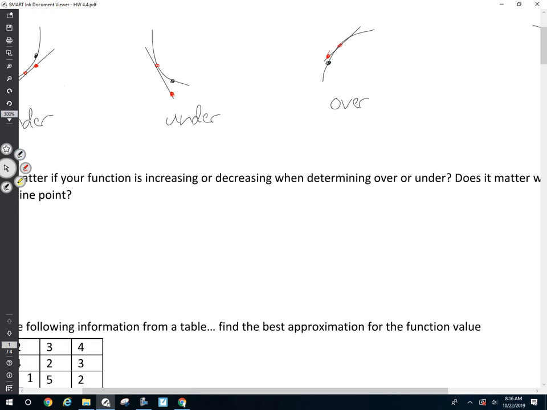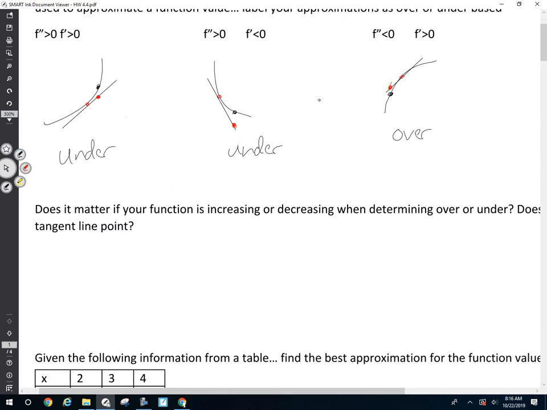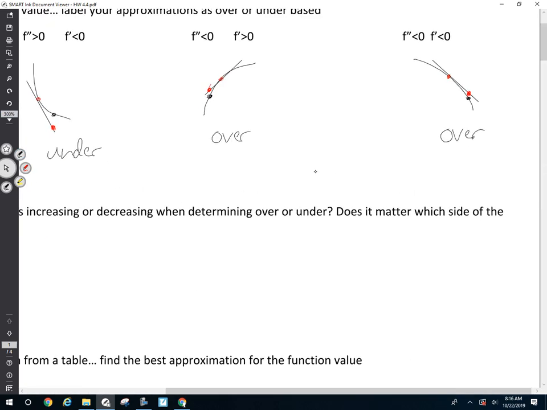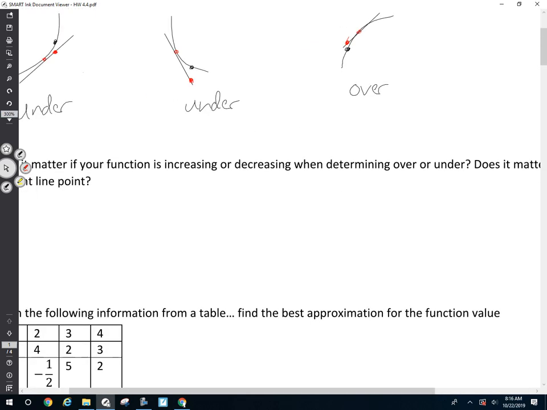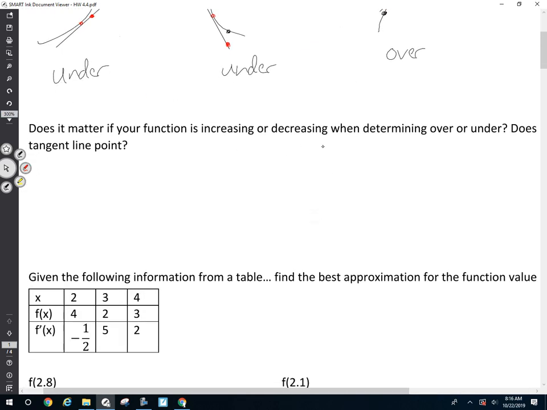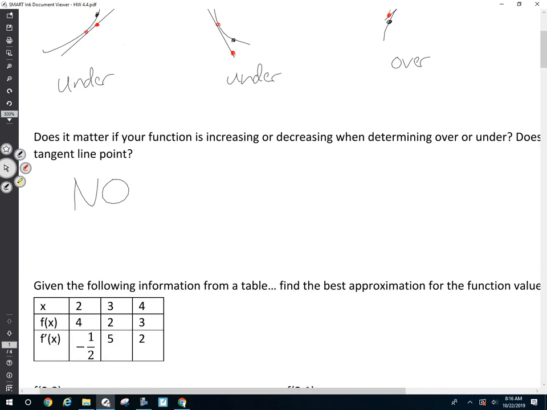Looking at this, notice I put some points on the right, and I put one point on the left. It doesn't matter if your function is increasing or decreasing when determining over or under. It doesn't matter which side of the tangent line point.